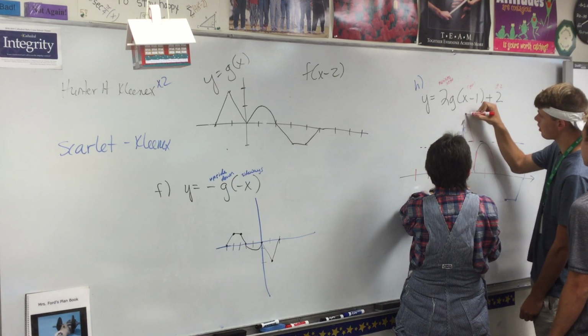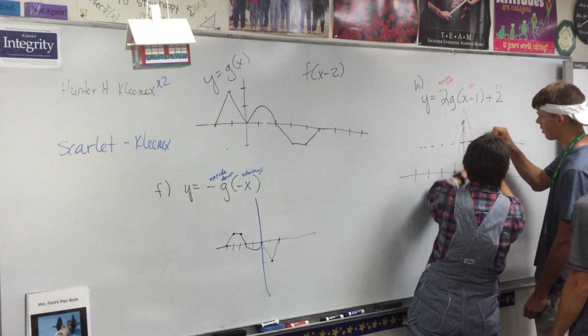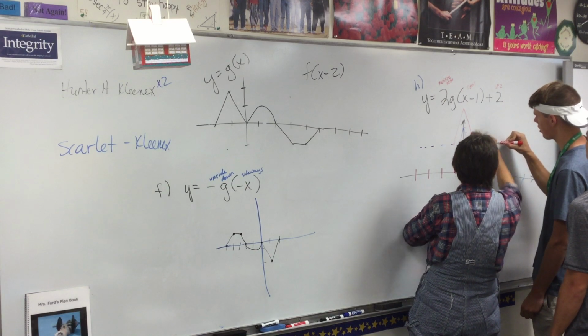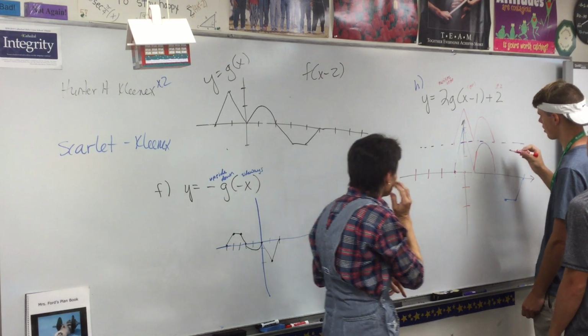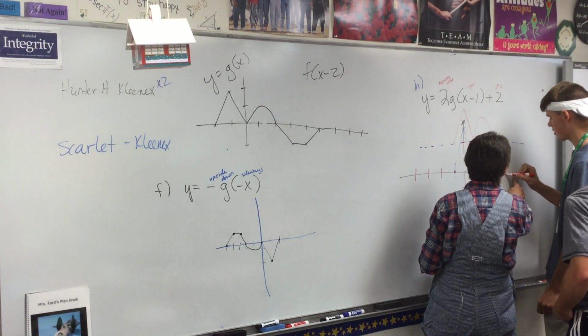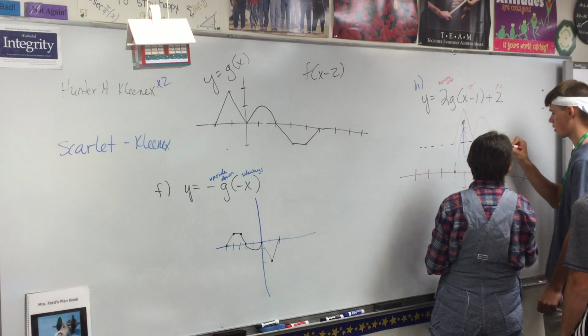Now take these two, lift them straight up. This one's already lifted. You need to lift this one. And then draw your semicircle. Connect those, and that one.